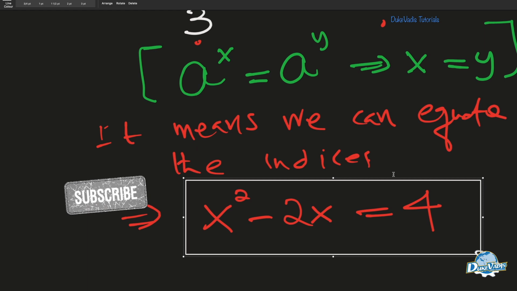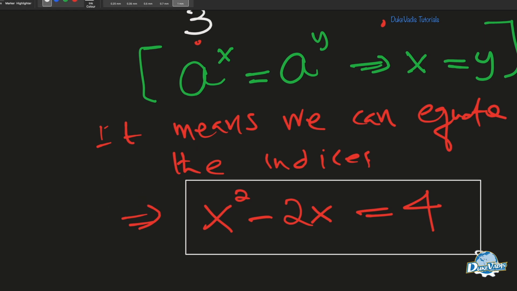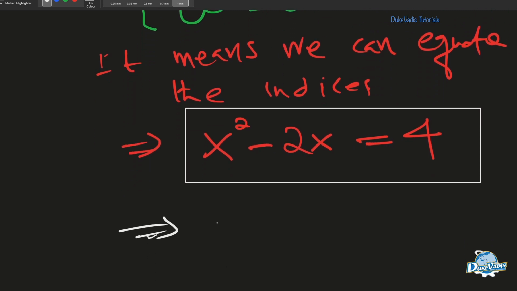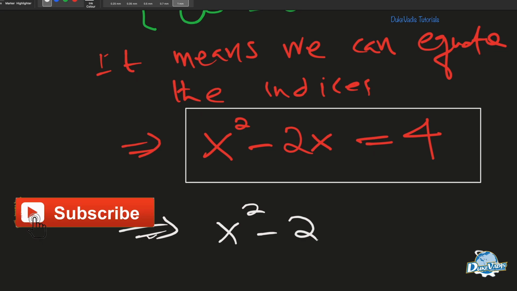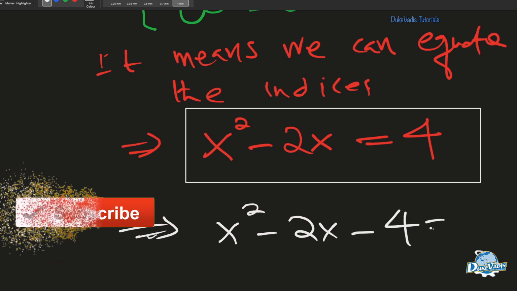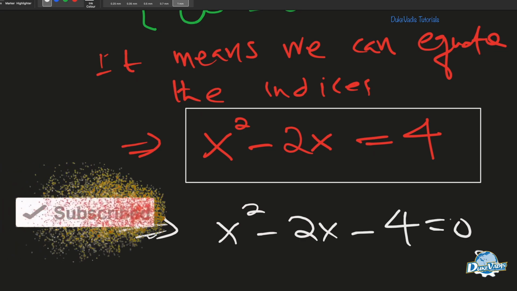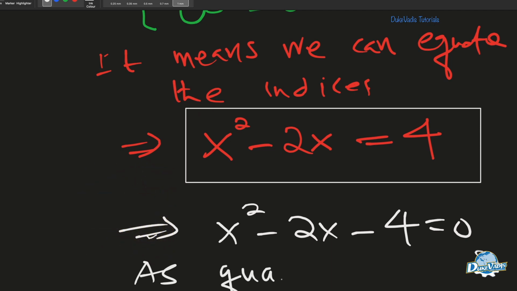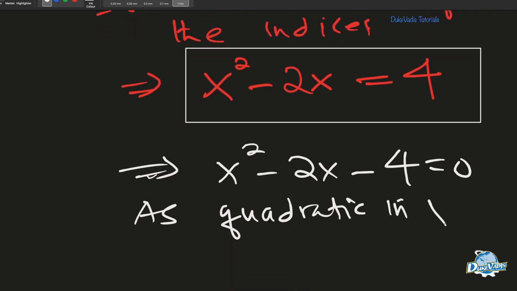And when we study this one properly, we will know that it is an equation that we are familiar with. So if we put the 4 in, then we can say x squared minus 2x minus 4 is equal to 0. So this becomes a quadratic equation in x, friends.